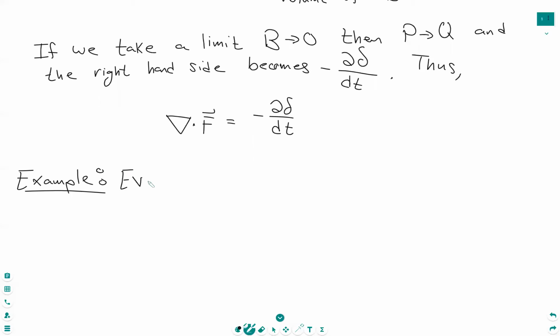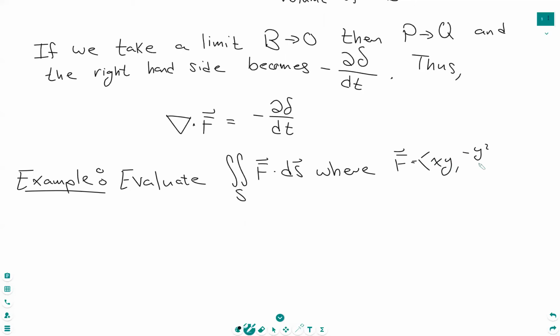Let's evaluate the surface area integral that calculates the flux of F, where F is the vector field x, y, negative y squared over 2, and z.